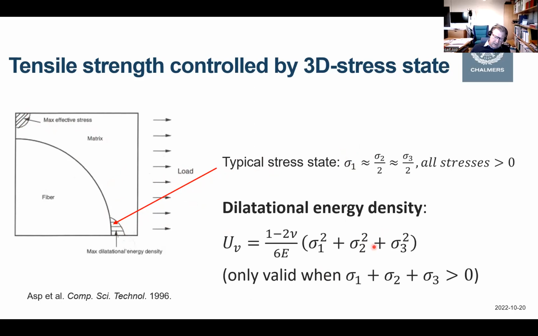That was a case that we could later prove to be valid for any case where you have this tension dominated case. Of course, if you have a shear stress situation, this is not valid. And then one could think about using a test on a polymer under these conditions as a failure initiation value for transverse strength for composites.